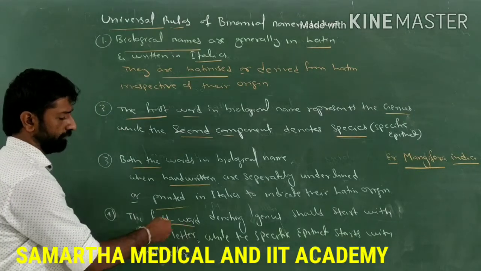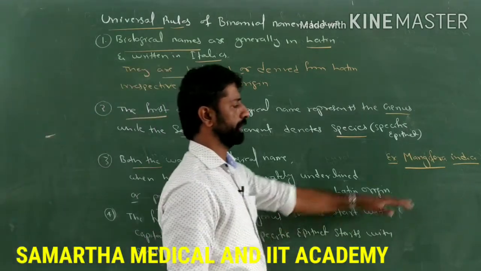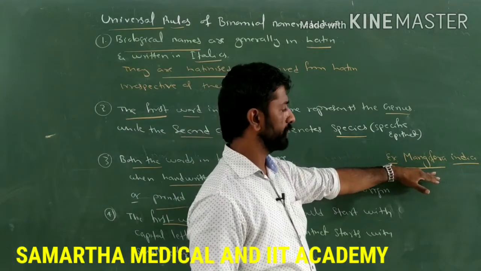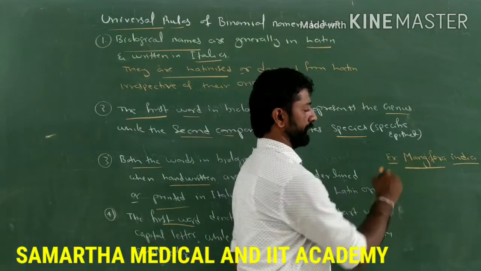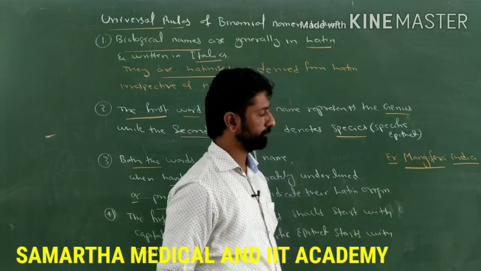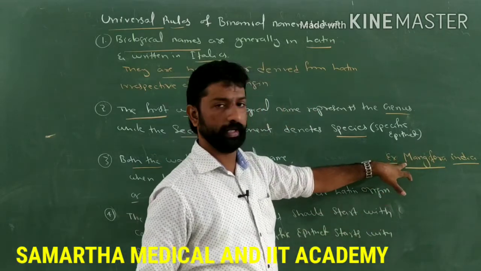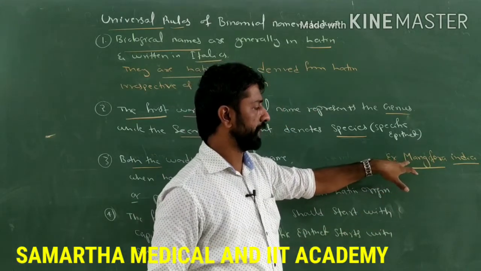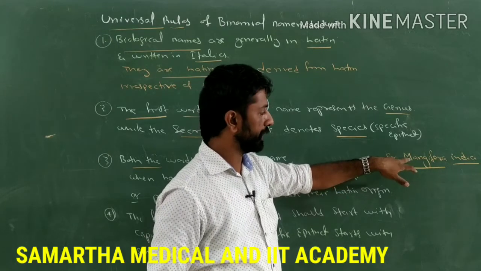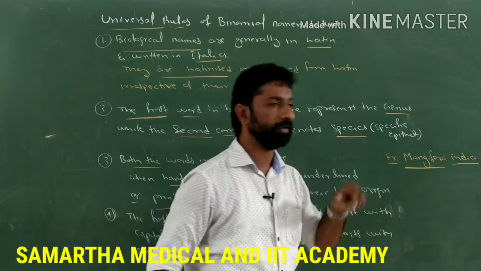Next, the first word which denotes the genus should always start with a capital letter. See how that name is written. Only the first letter of the genus name, the generic component, is in capital, the remaining are in small letters.